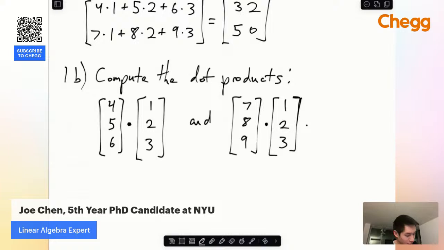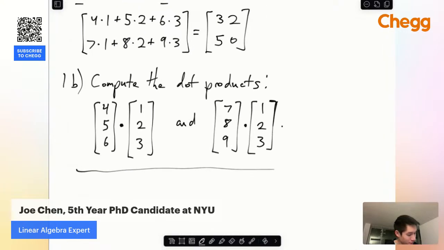All right, so let's compute this now. Remember, for doing a dot product of vectors, we just multiply pairwise by the entries. So 4 times 1, 5 times 2, and 6 times 3. But that's actually exactly what we just did in the previous question.